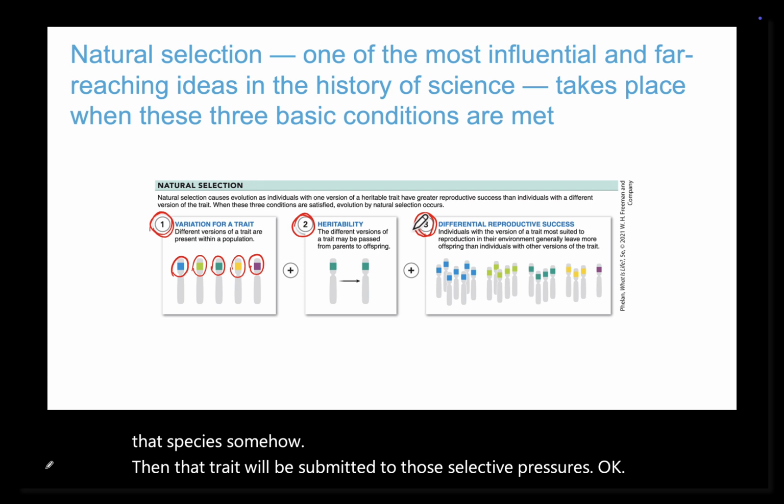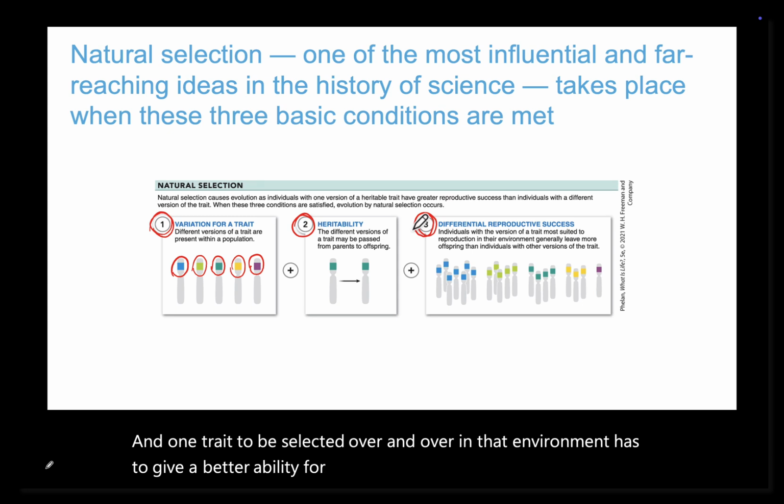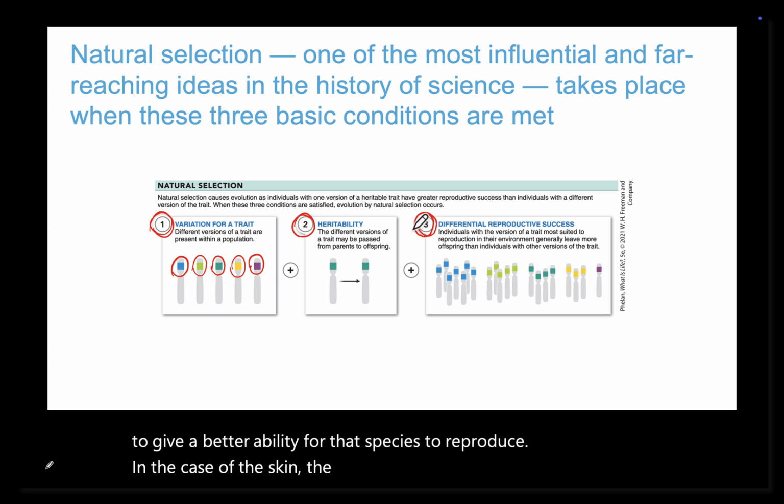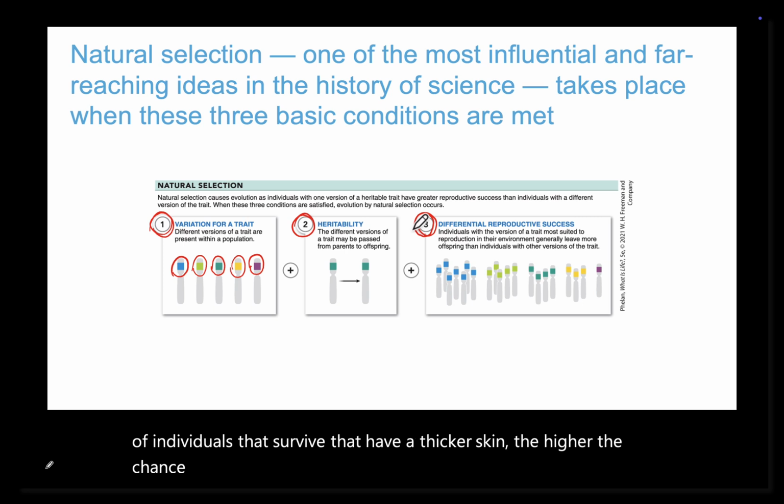And one trait to be selected over and over in that environment has to give a better ability for that species to reproduce. In the case of the skin, the more individuals that survive that have a thicker skin, the higher the chance of then mating and producing more and more individuals with thicker skin.